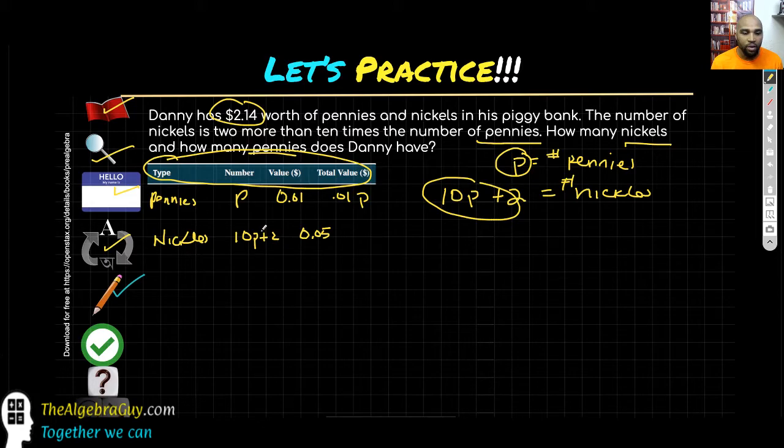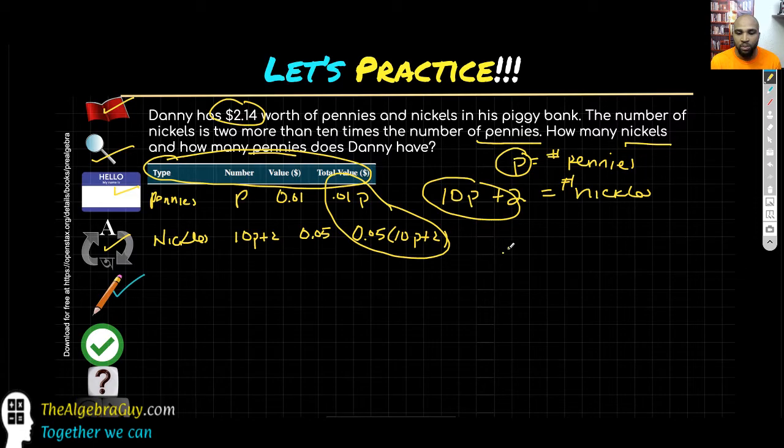So the value here is this times here, the number of nickels times its value. So that'll be 0.05 times 10p plus 2. All this adds up to 214. So that's what I should have put in there.